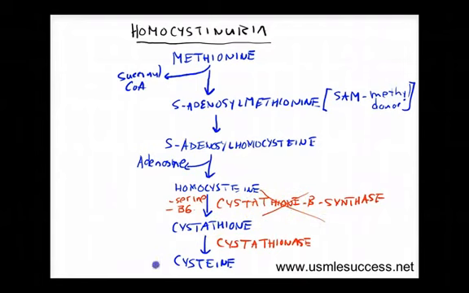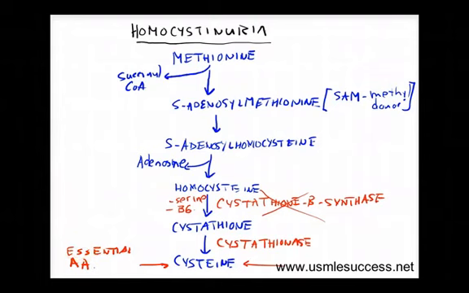Therefore, we can't make cysteine. Okay? And cysteine is an amino acid, and when we can't make it, it then becomes an essential amino acid. Okay, so it has to be taken in through the diet.